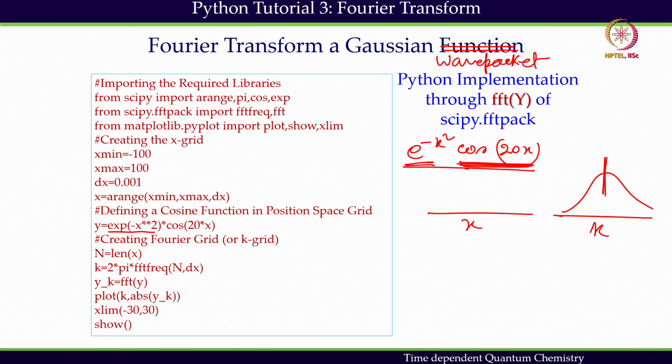This is the fast component, and this is the slow component, which is considered to be an envelope function. So how does it look in the x domain? It should have an envelope function, but with an oscillatory part. This is what the x domain function looks like, and we need to find out what the k domain function looks like.